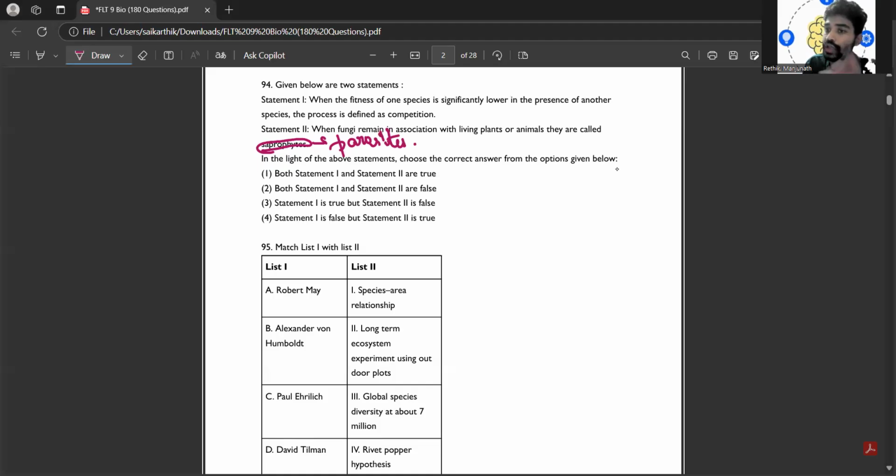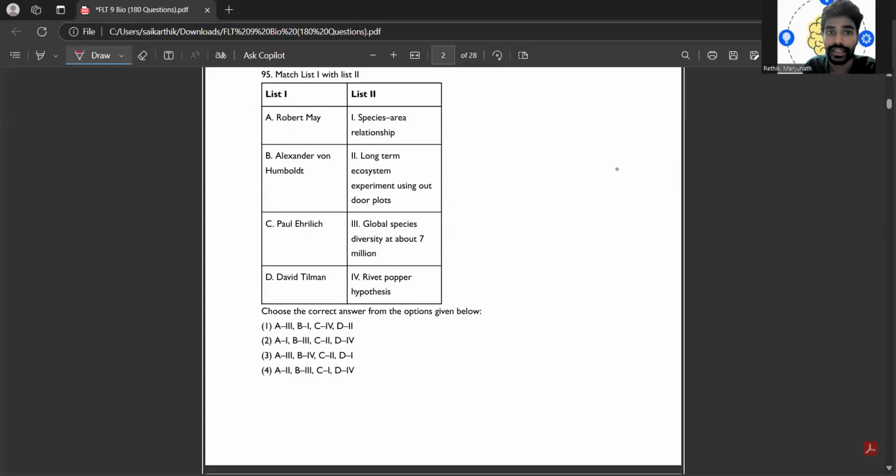They can also live symbiotically, that means in association with algae as lichens and with roots of higher plants, like mycorrhizae. So it can be either a parasite or an association, not a saprophyte. So what would be the correct option?